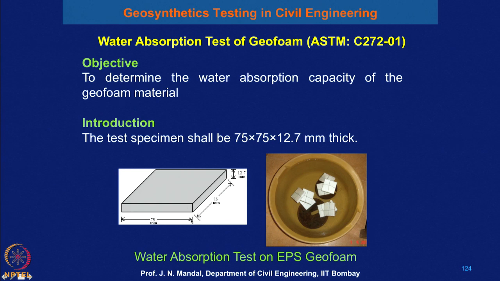This is the water absorption test on EPS. The geofoam sample's size is 75 into 75 into 12.7 millimeter thick, and then you have to place this geofoam material into water.